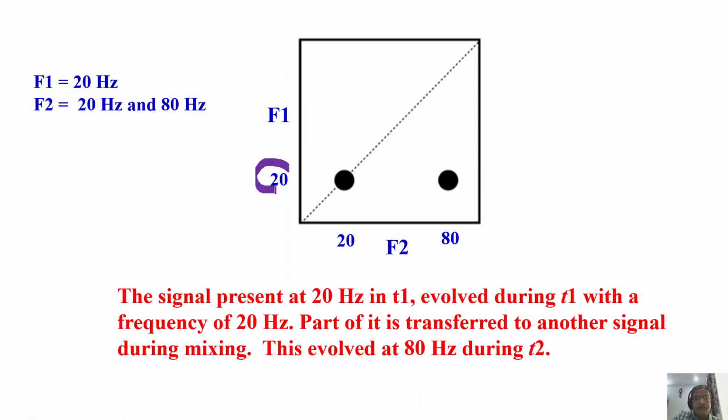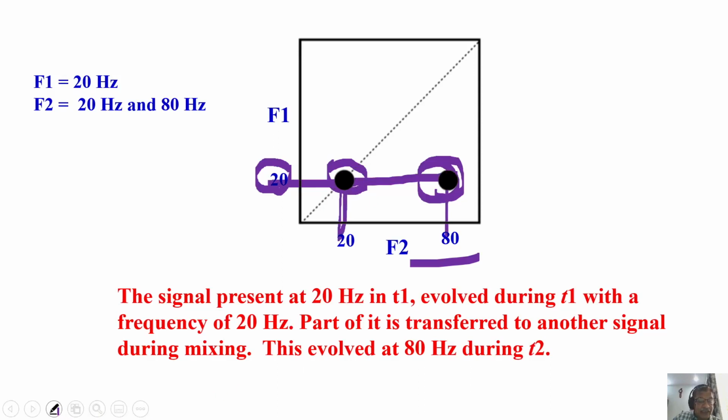There is a spin which is precessing at 20 hertz in the F1 dimension. In the evolution period or mixing period, what happens? During the process of this, it will give part of its magnetization to another spin which is at 80 hertz in F2 dimension. At the same time, it has retained its frequency also in the F2 dimension. So if you analyze this spectrum, in the F1 dimension it has its 20 hertz, in the F2 dimension it has retained its frequency, also gives magnetization to another spin whose frequency is 80 hertz.